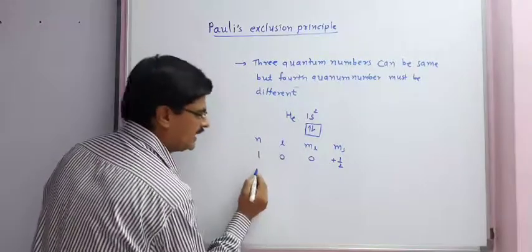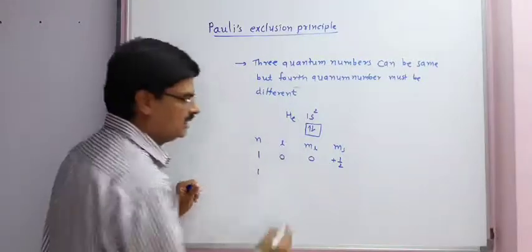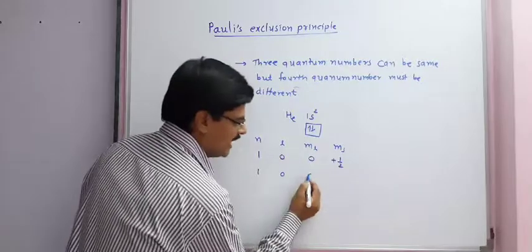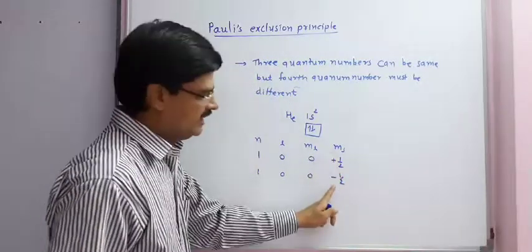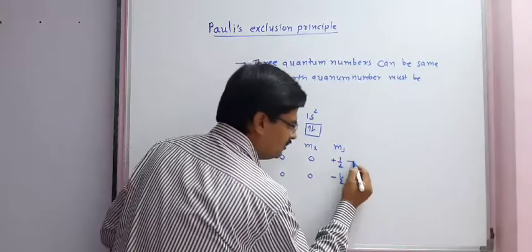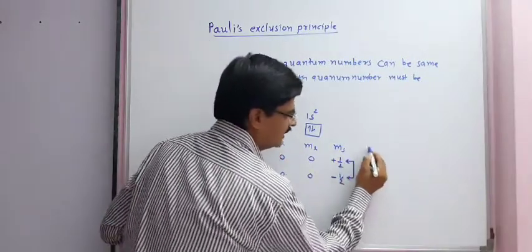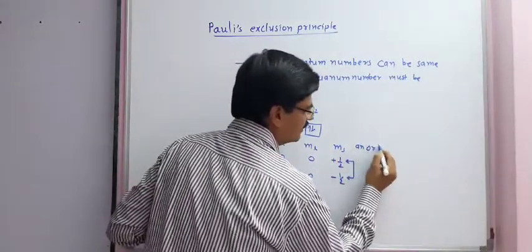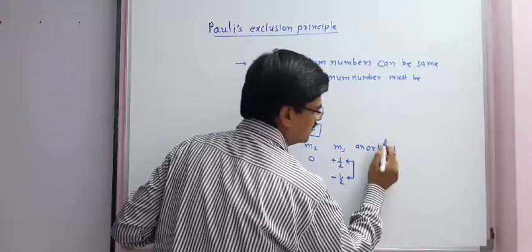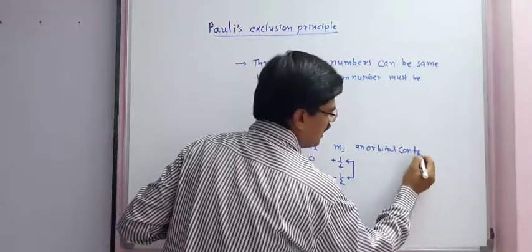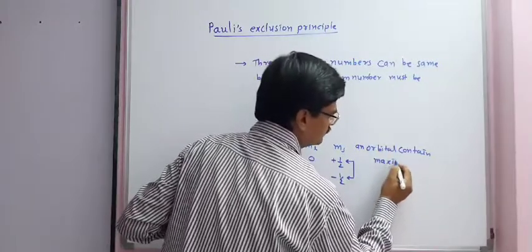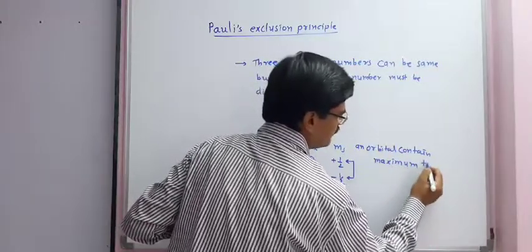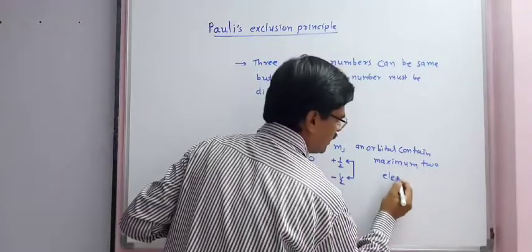Then again for the second electron, n is equal to 1, l is equal to 0, ml is 0, but the spin quantum number ms is -½. So from this study also we can say that an orbital can contain maximum two electrons.